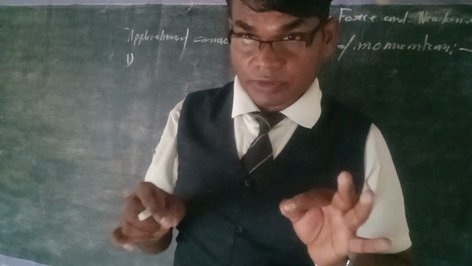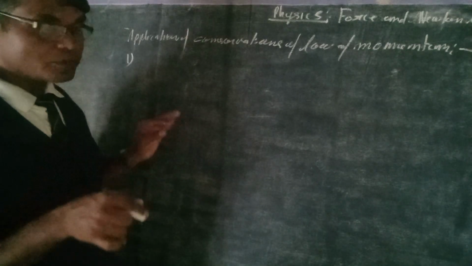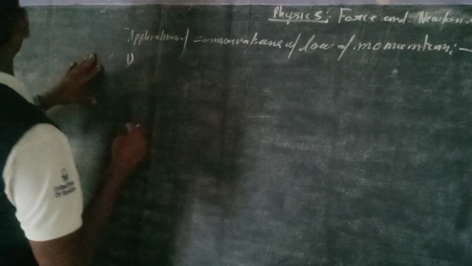Suppose that first we take the case of firing a gun, during the time a bullet is fired. We have to keep the gun, or hold the gun, tightly to our shoulder so that it cannot recoil.